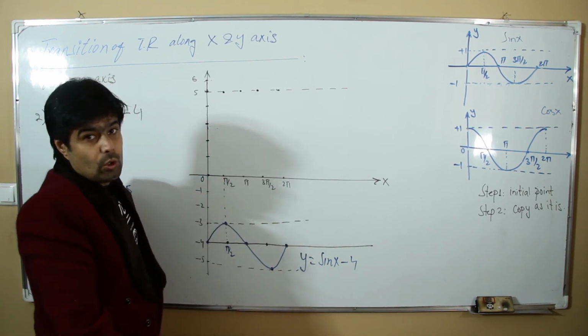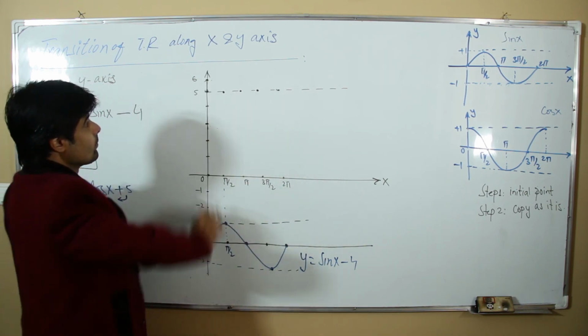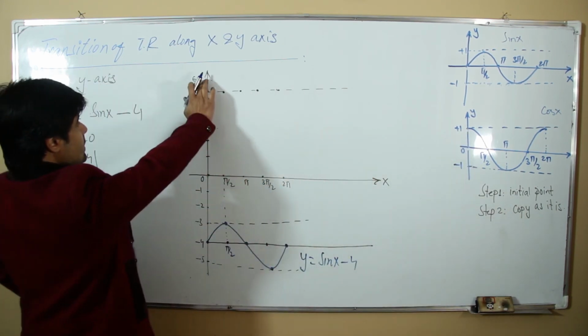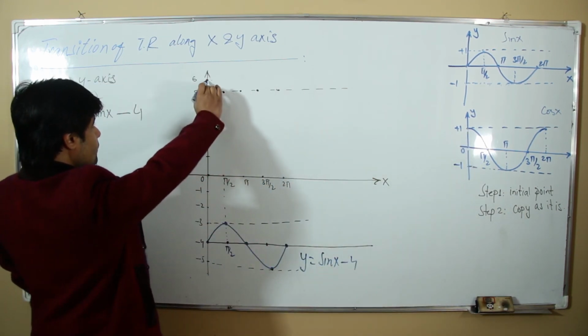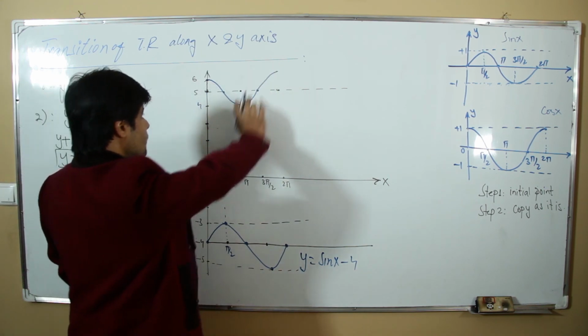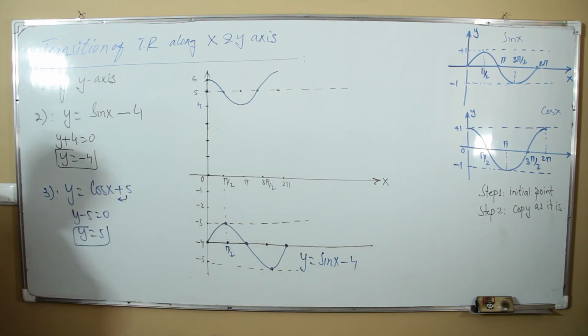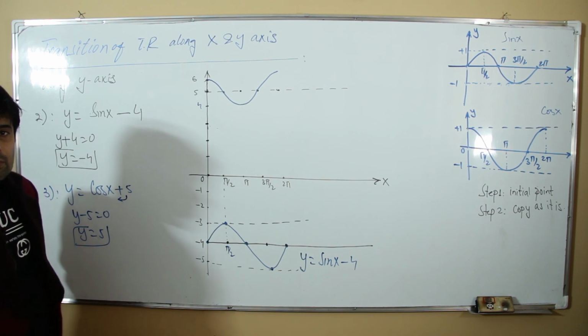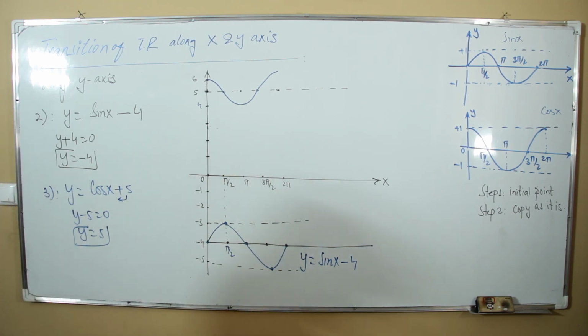Am I right? Cosine starts from here, from positive 1. The positive 1 for 5 is 6, negative 1 is 4. This is the graph for cosine x plus 5. I think you have got it. Write it, please.